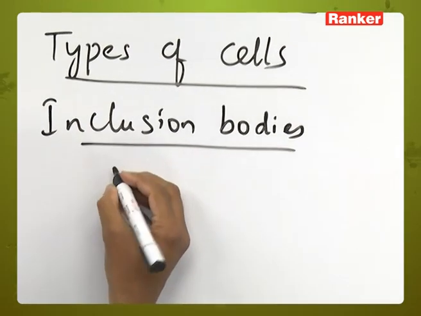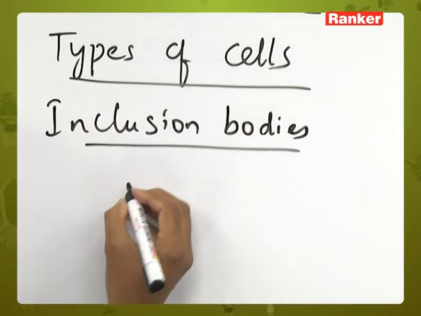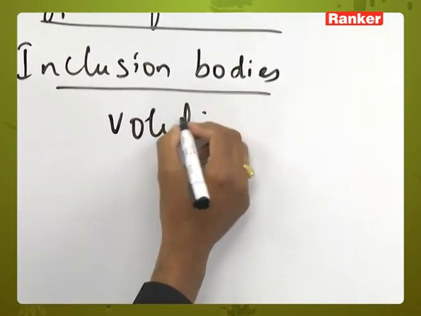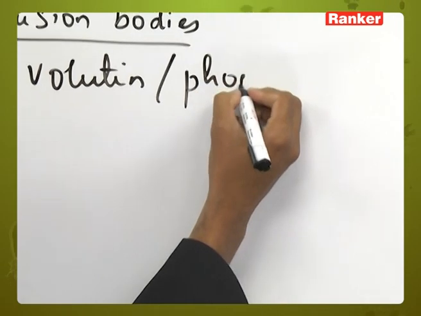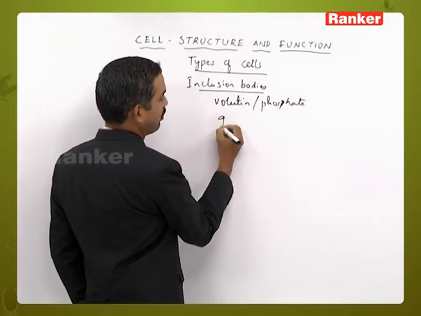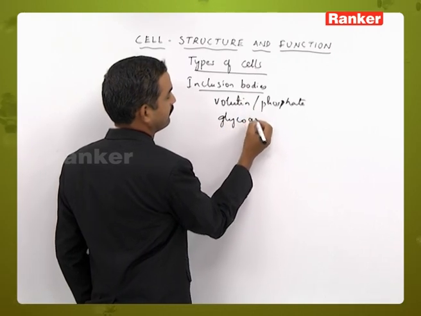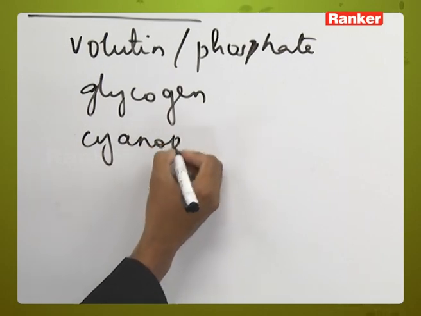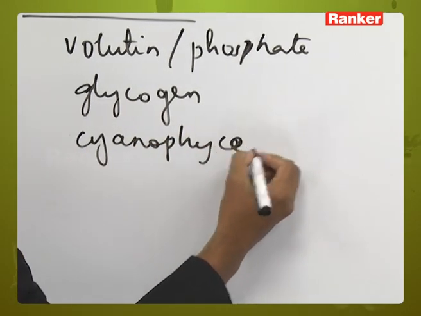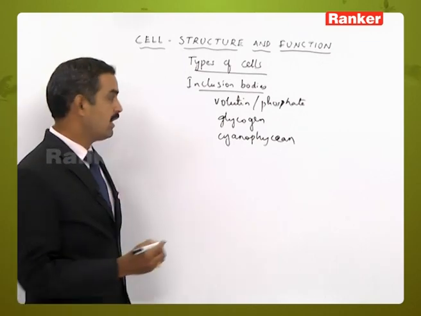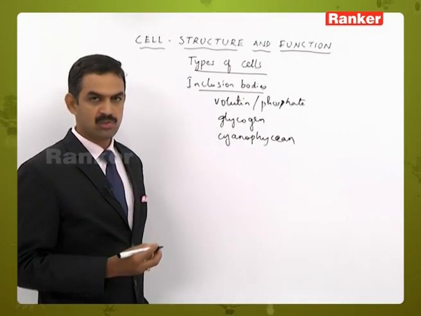Here they are cyanophycean granules, volutin granules or phosphate granules, in the same way glycogen granules, and cyanophycean granules. Different types of non-living inclusions are present inside the cell. Apart from this, they have the gas vacuoles also.